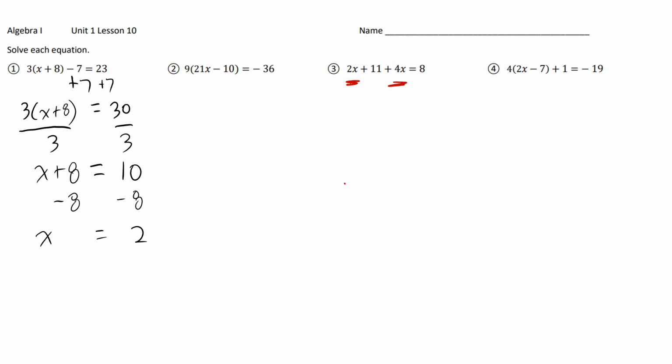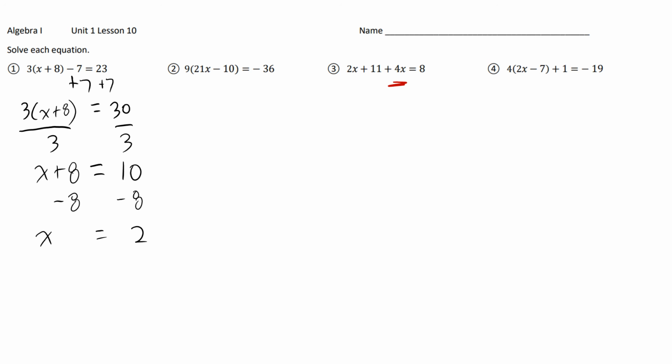So this is a situation where I want to combine like terms, right? If I want to undo the order of operations, I only want to see one x in the equation. So I need to combine like terms.